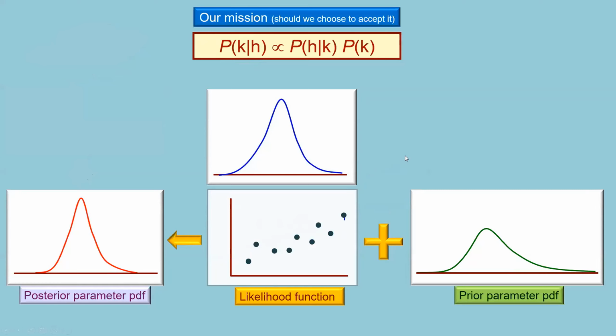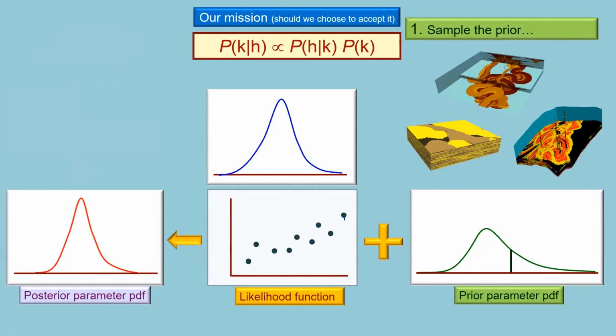So our mission, should we choose to accept it, goes like this. We sample the prior. We sample the prior by generating parameter fields which are realistic according to my concept of realistic based on my prior probability distribution.